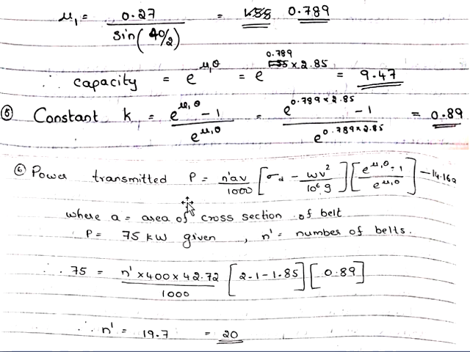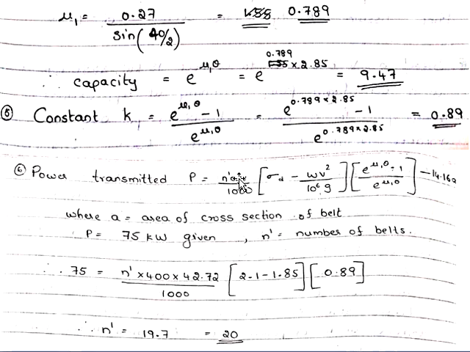Next step, power transmitted. Power transmitted is given by equation number 14.16a in your data handbook. Under V belt drive, you can refer to equation number 14.16a. In this equation, P is the power to be transmitted. It is given as 75 kilowatt. N dash is the number of belts needed.